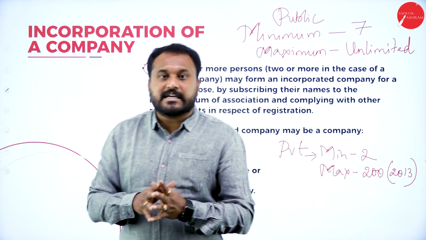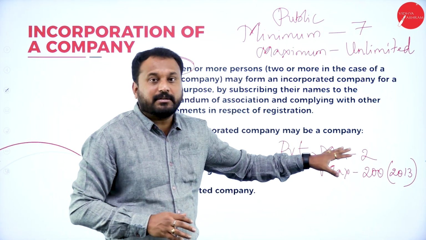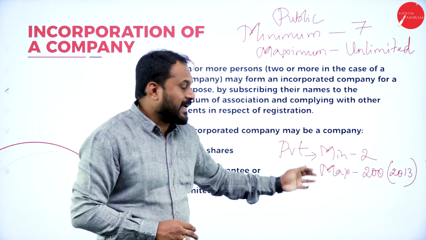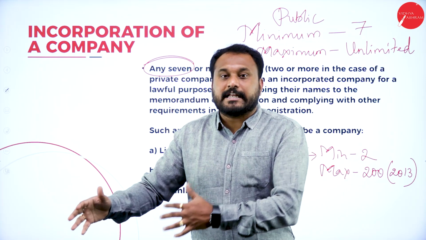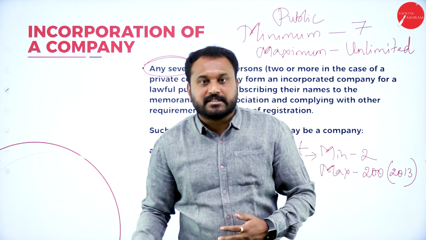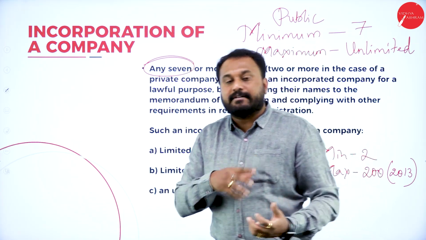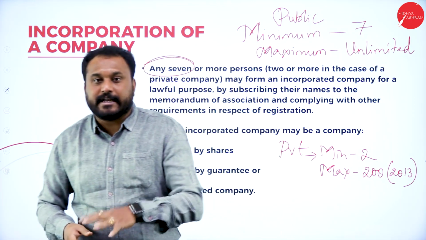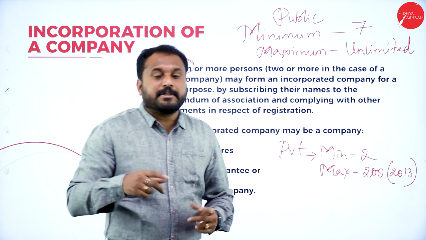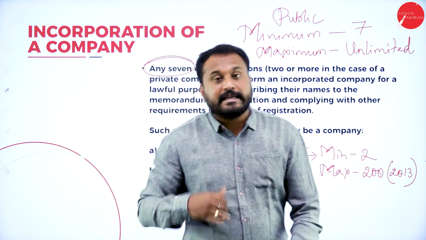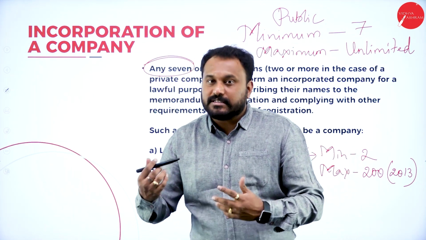In the 1956 Companies Act, the private company minimum was 2 and the maximum was 50. But after 2013, whichever companies are registered, the minimum is 2 and the maximum is 200. That means 150 more members are included in the 2013 Companies Act.